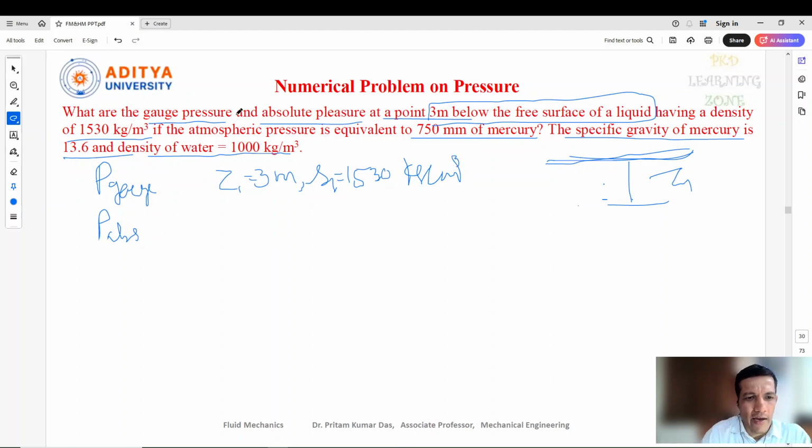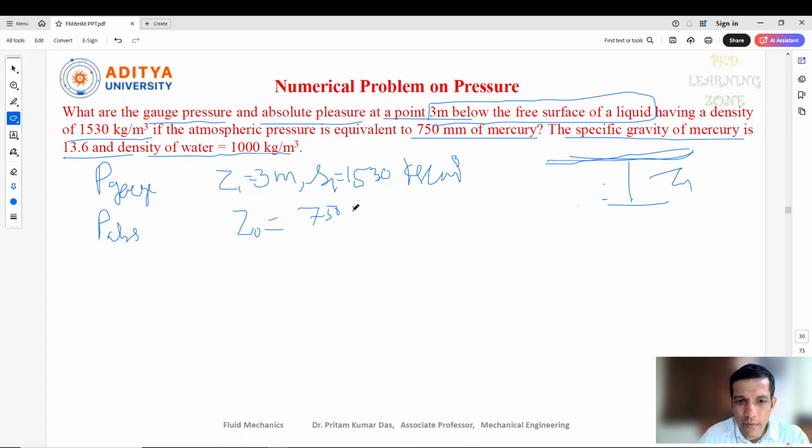If the atmospheric pressure is equivalent to 750 mm of mercury, that means we can write the atmospheric pressure head Z0 as 750 mm of Hg.